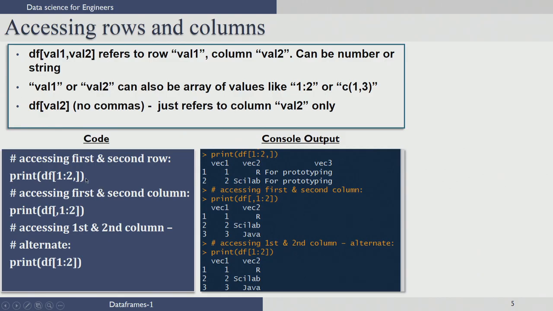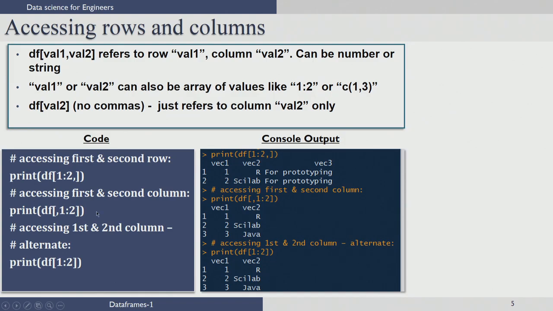In this code, we can see that if you want to access the first and second rows of the data frame that is created, you can do so by accessing the rows. We put 1 to 2, comma, and nothing in the column specification, which means all the columns have to be accessed. You can see in the result from the data frame we created in the previous slide, we are able to access the first 2 rows.